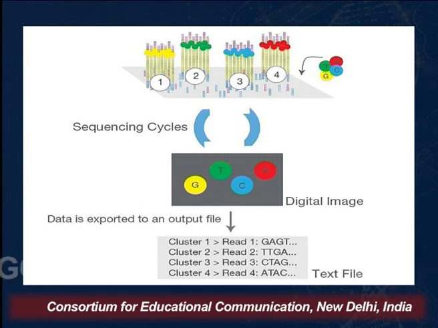Then again you remove all the fluorophores, you add the dNTPs, and the next nucleotide will be read. Again you remove it, again you extend it, and then the next nucleotide will be read. In this way, all the nucleotides will be read and the image will then be translated into a text file. And this text file will then contain the sequence of the different reads.